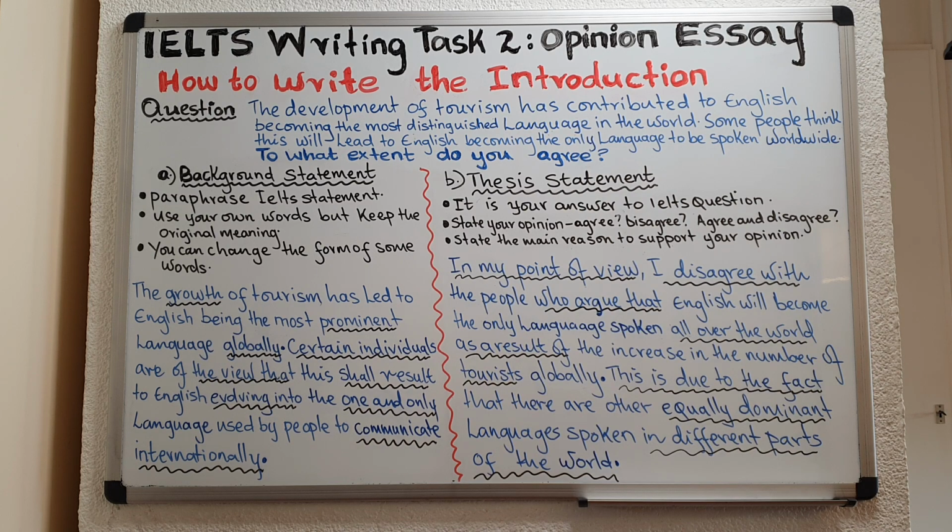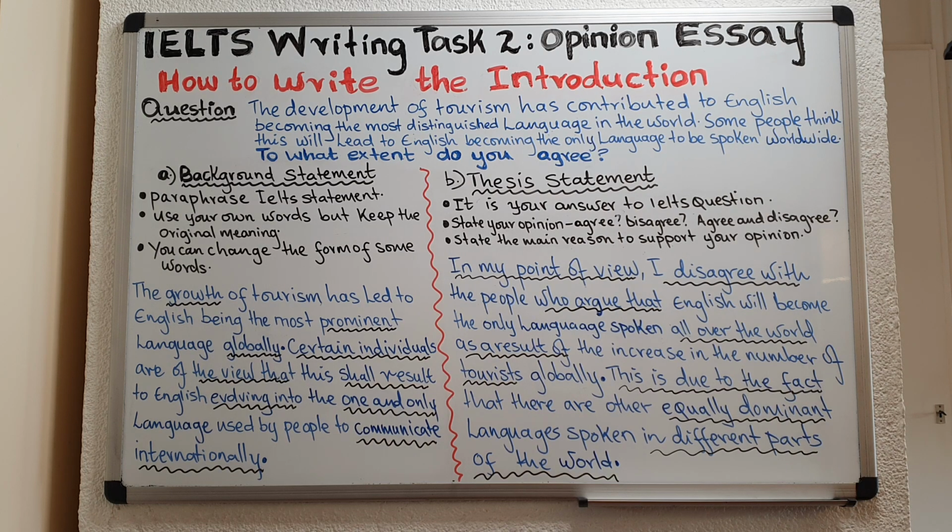Now, the other thing that is important to remember is if the question has one sentence, then paraphrase that into one sentence. You notice the IELTS statement has two sentences. The first sentence is, the development of tourism has contributed to English becoming the most distinguished language in the world.